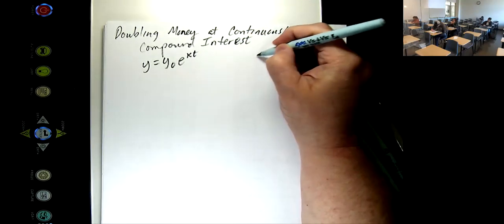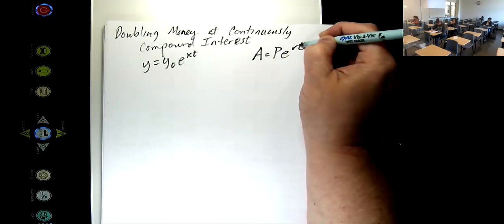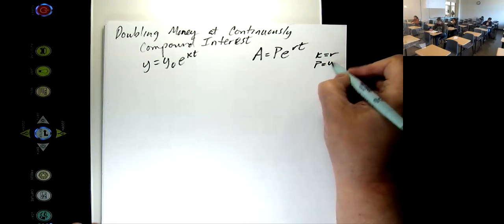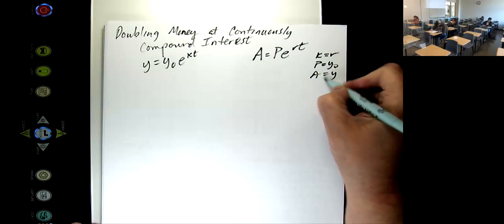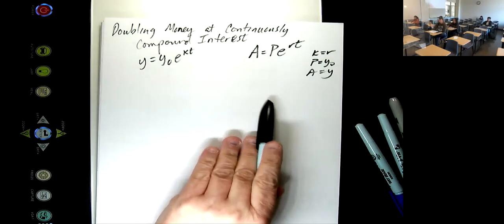When they say it in finance or business, they tend to say P e to the rT. But the K is just the same thing as an r, and the P is a y naught, and the A is a y. They just use different letters, but it means the same thing. You can use those interchangeably, yes. We tend to use that only with finance though, because P is principal.